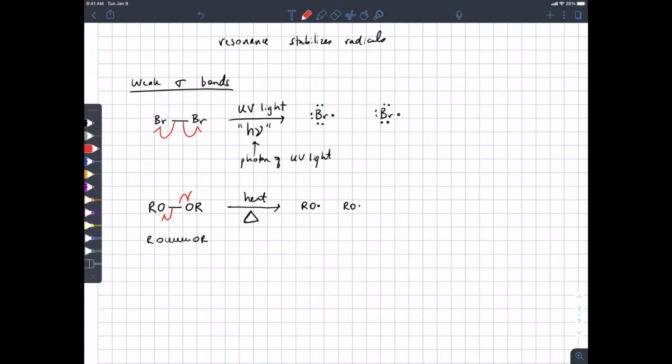All right. Steps where we generate a new radical in terms of mechanism are called radical initiation. Now that sounds like something that Homeland Security is working on to detect domestic terrorism, but actually we just mean creating a molecule with an unpaired electron.